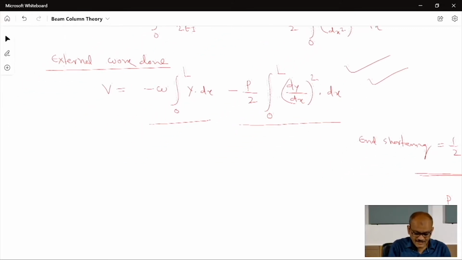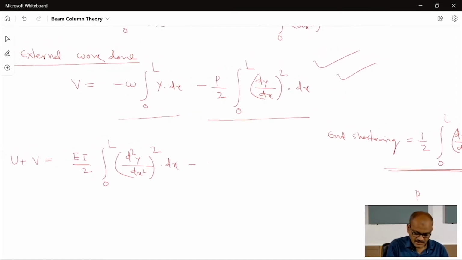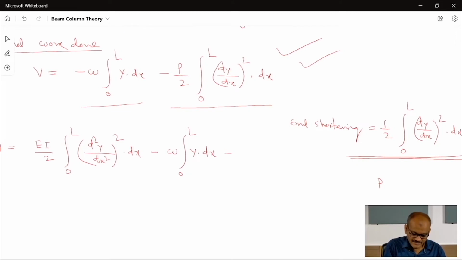If we write both U plus V, this becomes EI by 2 integration 0 to L, d squared y by dx squared, whole squared, into dx, minus W into integration 0 to L y dx, minus P by 2 into integration 0 to L dy by dx whole squared into dx.